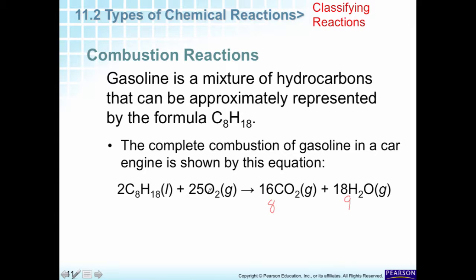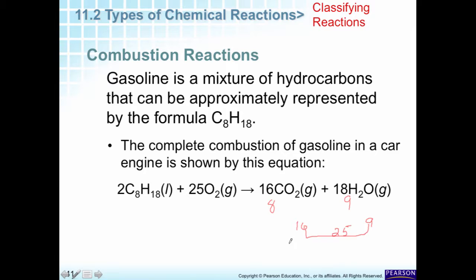And then I have O2. If I have 8 times 2, that would be 16 oxygens here and 9 there. That gives me an odd number of 25. So what I do is this.